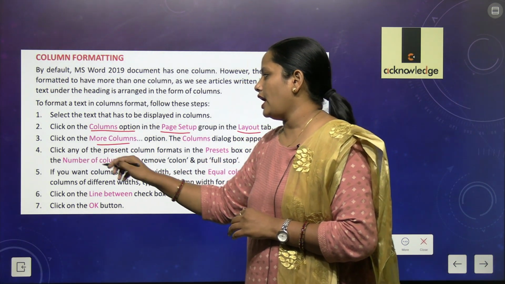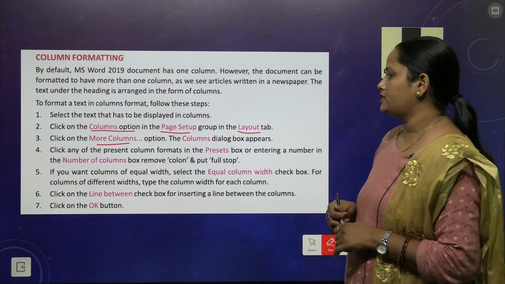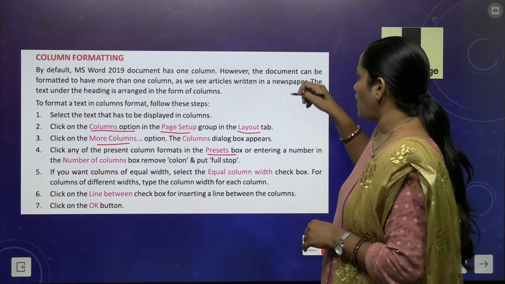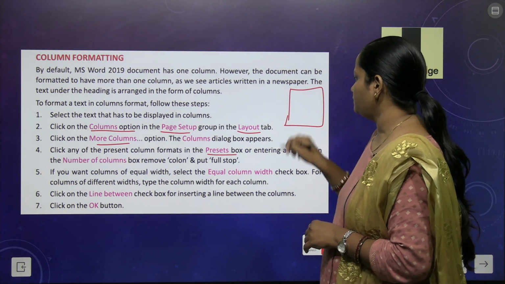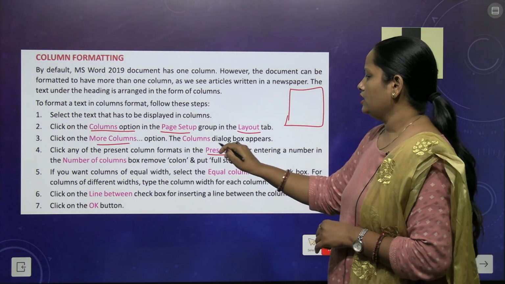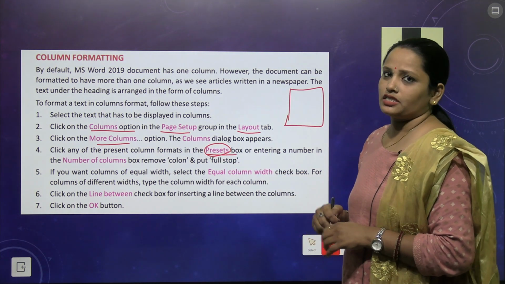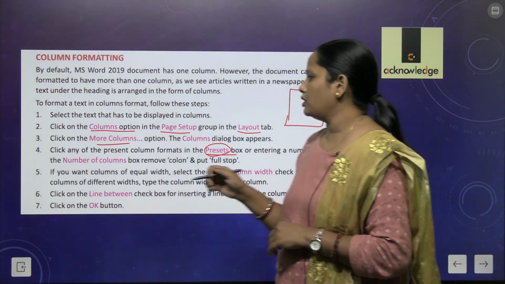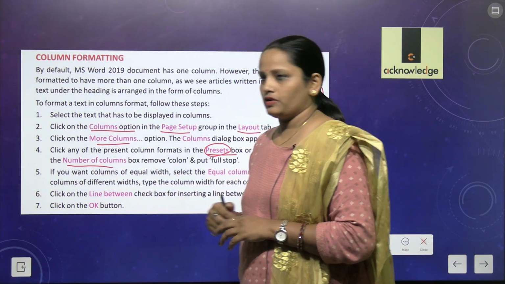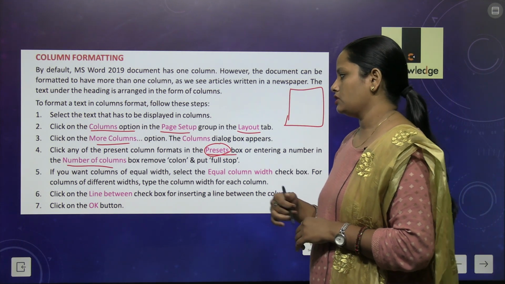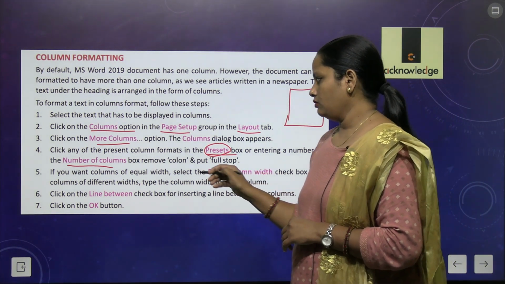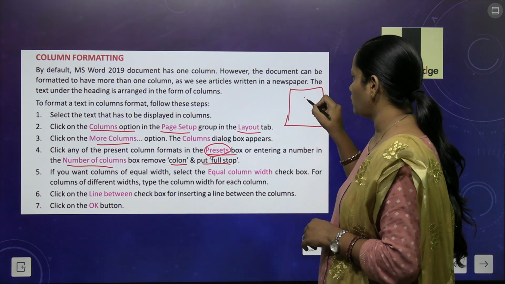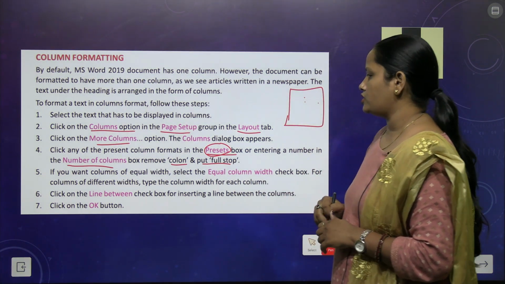We have to click any of the present column formats in the Presets box, or enter a number in the Number of columns. We can write down the number of columns after removing the colon or the full stop.